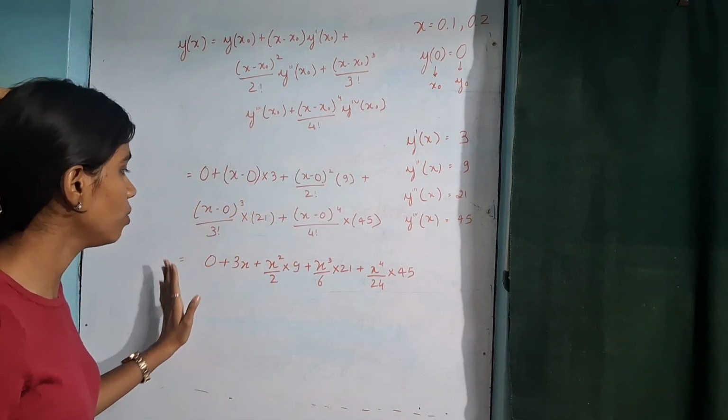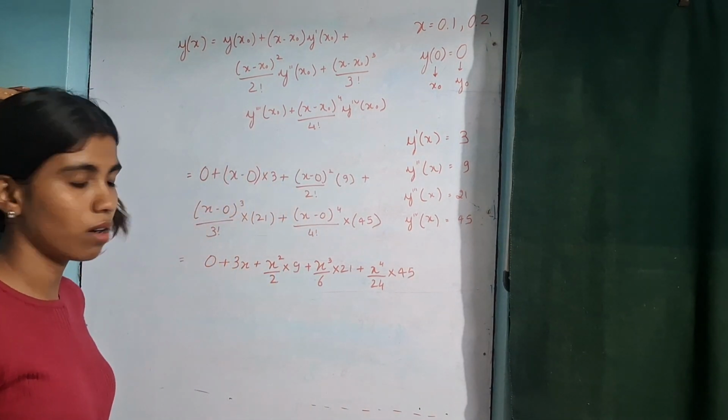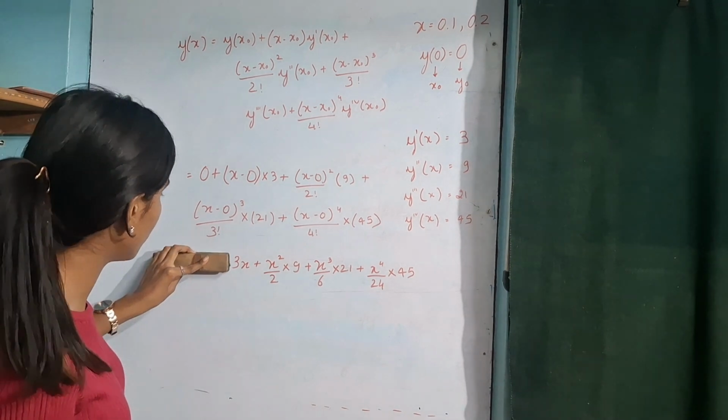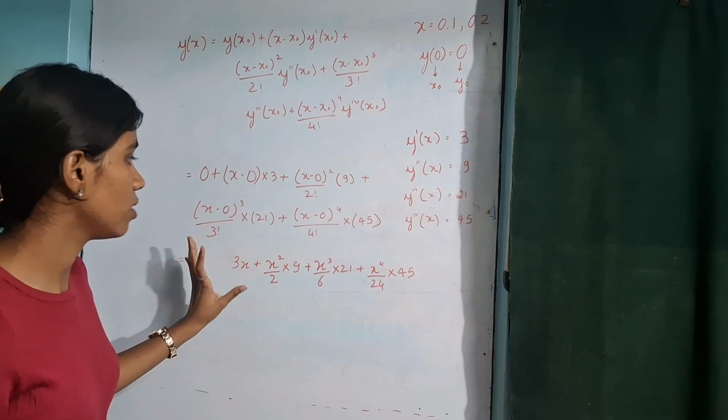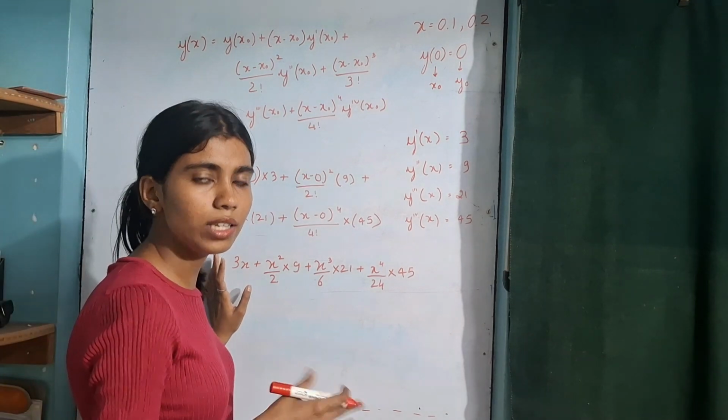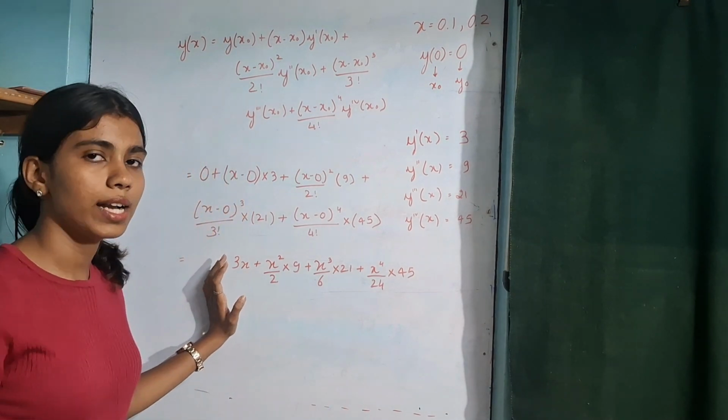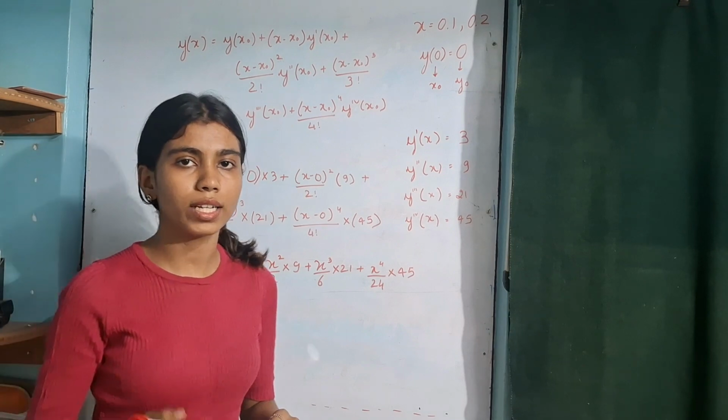Now what are we going to do? 0 is not needed, 0 can be removed. So this is your finalized answer. You can simplify it more, but this is fine. You can put this into your calculator. I'll tell you how to put this into your calculator and get the answer.